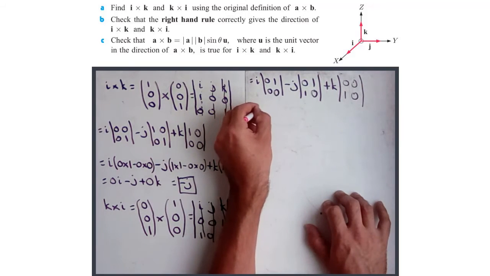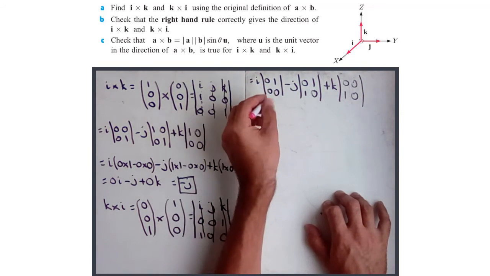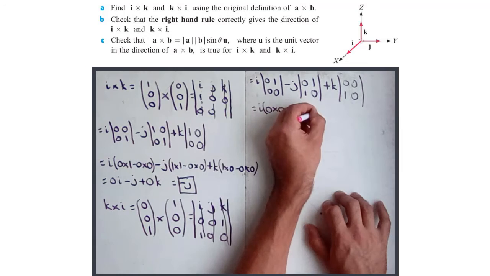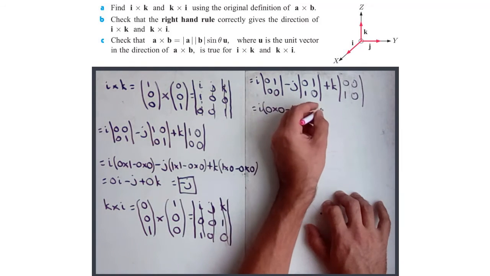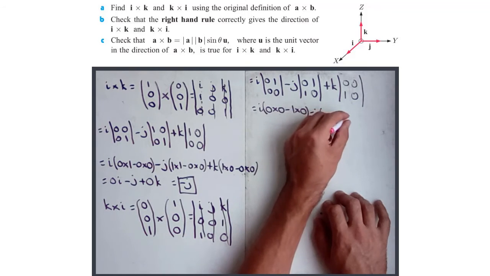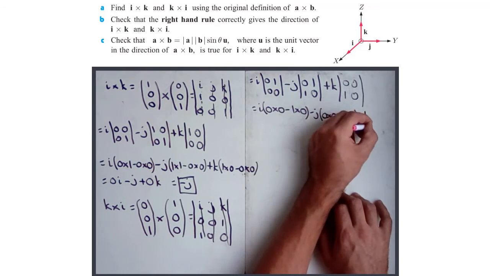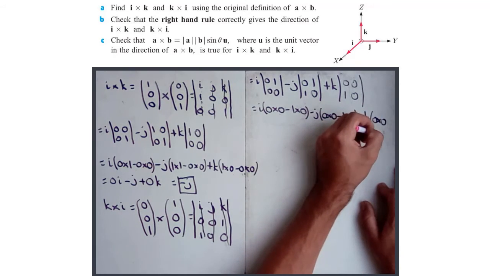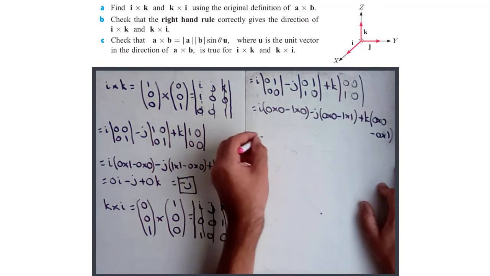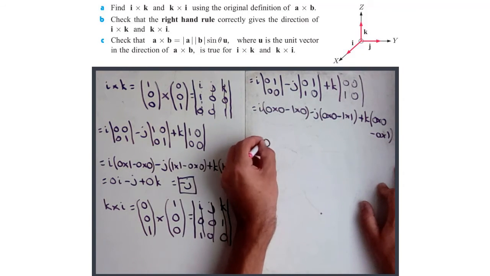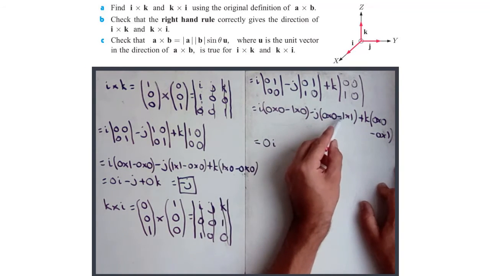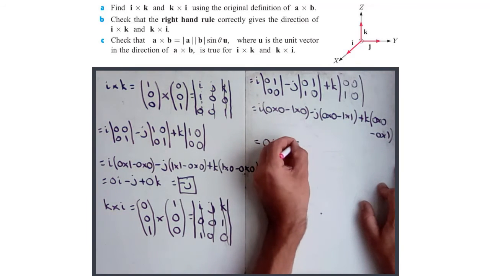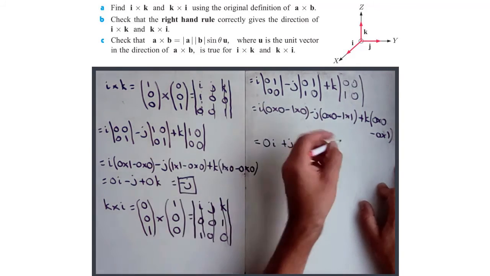Right, so that equals i times 0 minus 1 times 0, minus j times 0 minus 1 times 1, plus k, 0 times 0 minus 0 times 1. It's just going to be 0 anyway, so that equals no i's. You've got minus 1 times another minus 1, so it's plus j plus 0k, which just equals j.